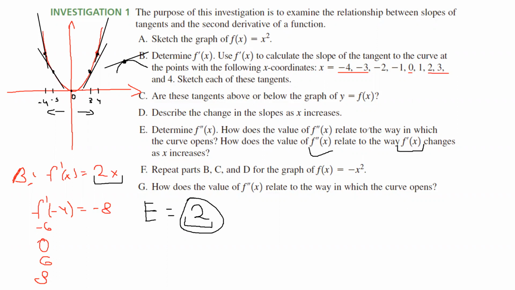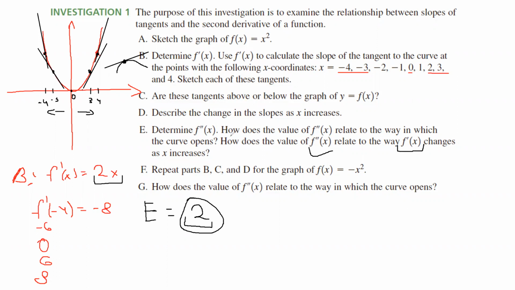If the second derivative is positive, then the first derivative is increasing as it gets away from the vertex. Is it clear?